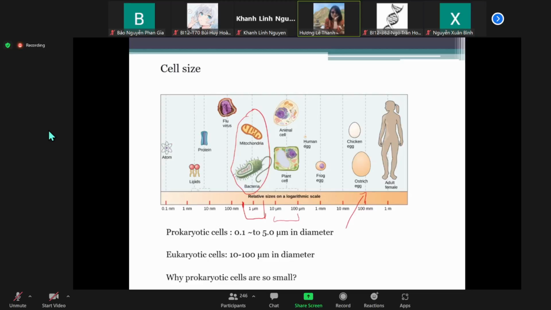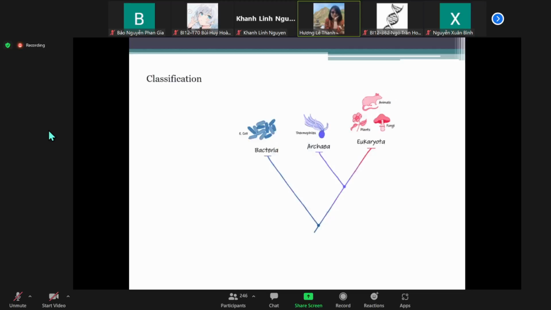And about the classification of prokaryotes. We have bacteria and Archaea. They are prokaryotic, and then eukaryotic cells.